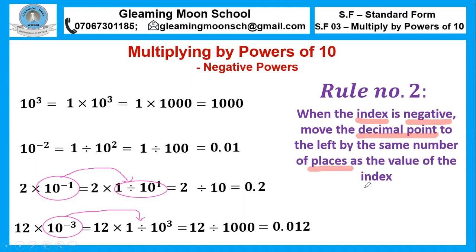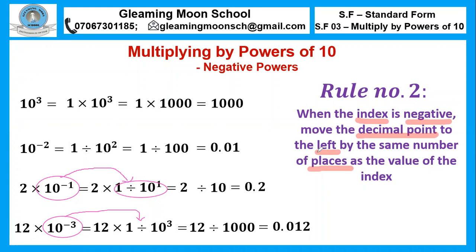Oh, I forgot that. That's another key point. When the power of 10 is positive, you're moving to the right. But when it is negative, you're moving to the left. So we have done the positive one. We've moved to the right and added 0 in front.